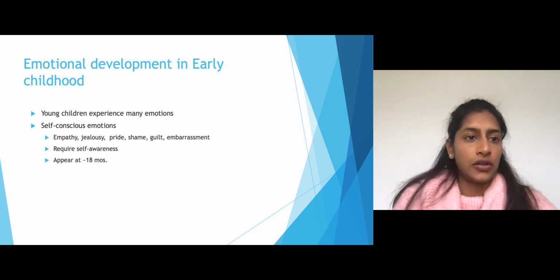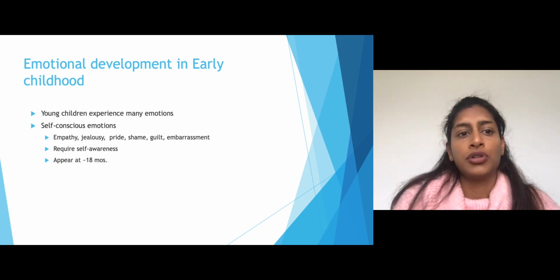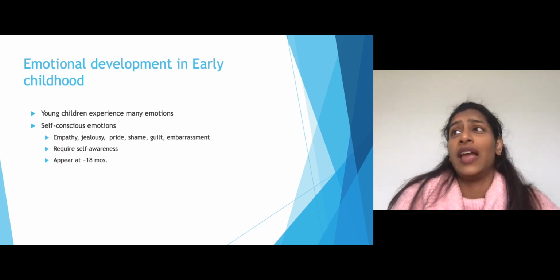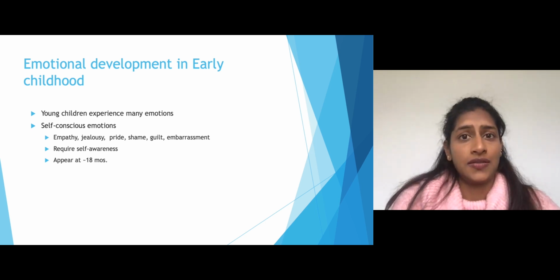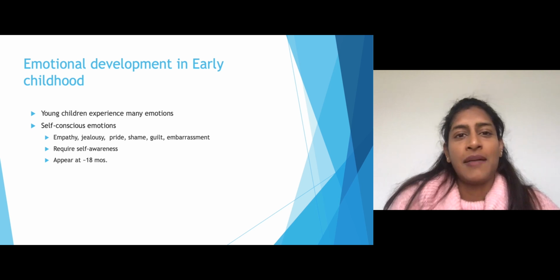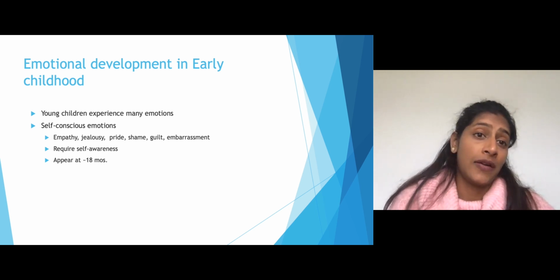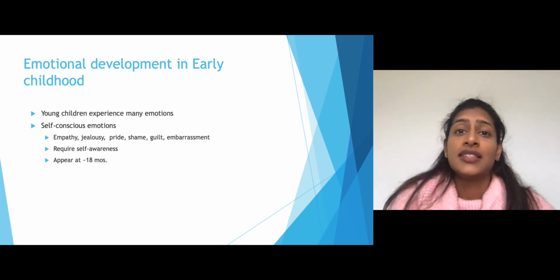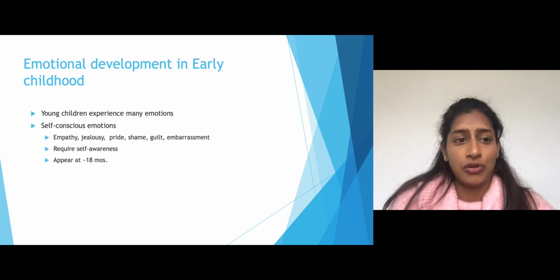In early childhood, when we're looking at emotional development, our young children are going to experience a whole range of emotions. So we're going to move from those primary emotions into what the research literature calls self-conscious emotions.